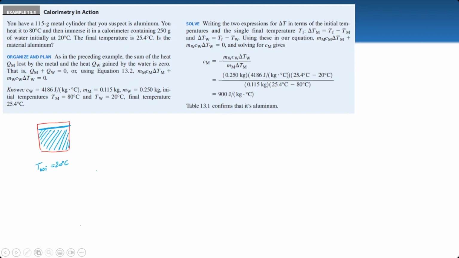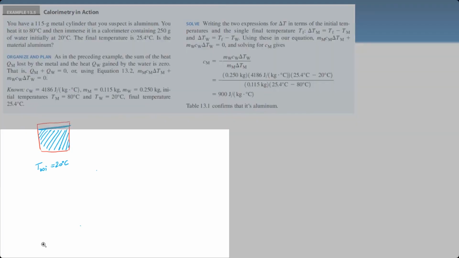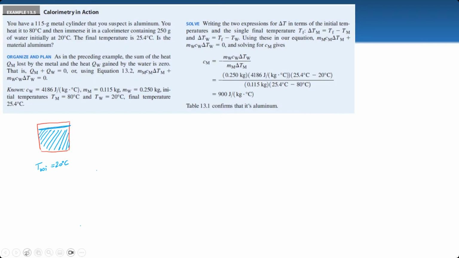And the hot cylinder was at 80 degrees Celsius. So T of the cylinder initial is 80 degrees Celsius. The mass of the cylinder is 115 grams. And the mass of the water is 250 grams.